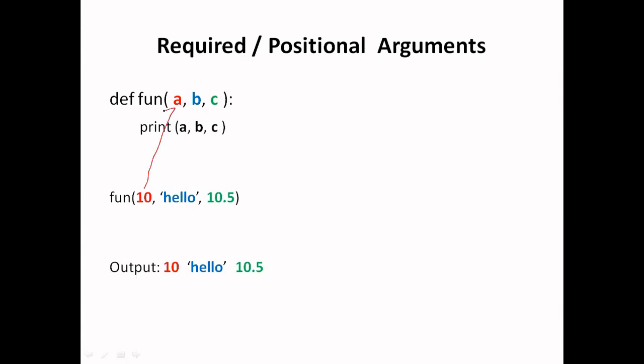The first argument will be passed to the first parameter, the second argument to the second, and the third argument to the third parameter, and then we can use them inside the function. In this case I have just printed these three variables. This is the simplest one, and that's why it is called required positional arguments, because we have to pass the same number of parameters for calling the function.